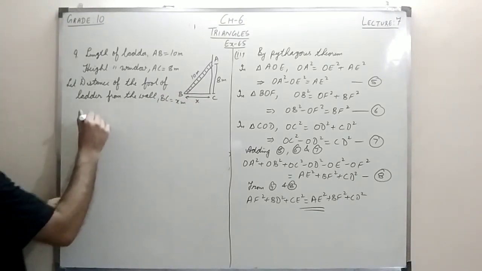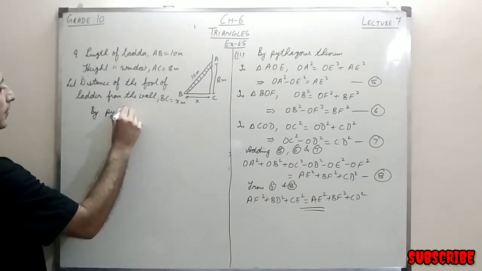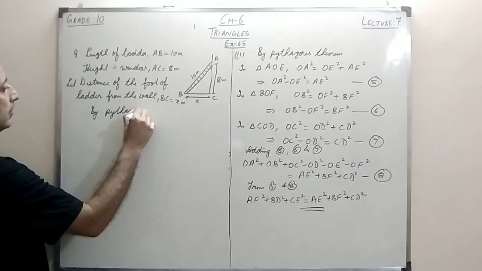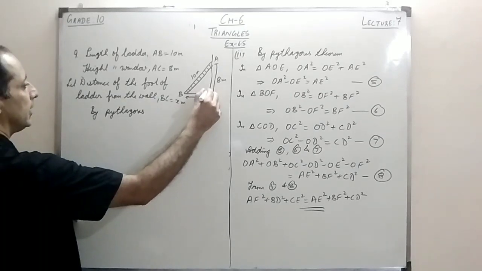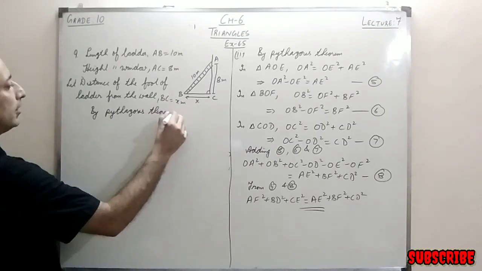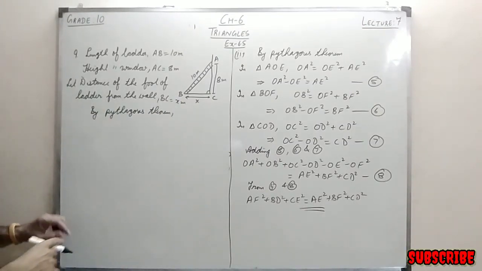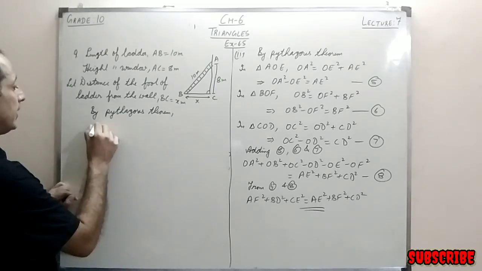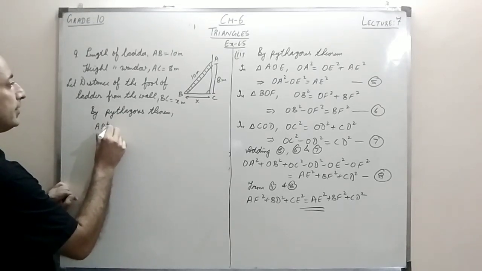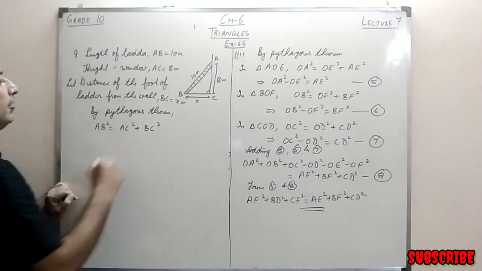Now by Pythagoras theorem, this is a right angle triangle because the wall is perpendicular to the ground. So by Pythagoras theorem we can write AB square is equal to AC square plus BC square.